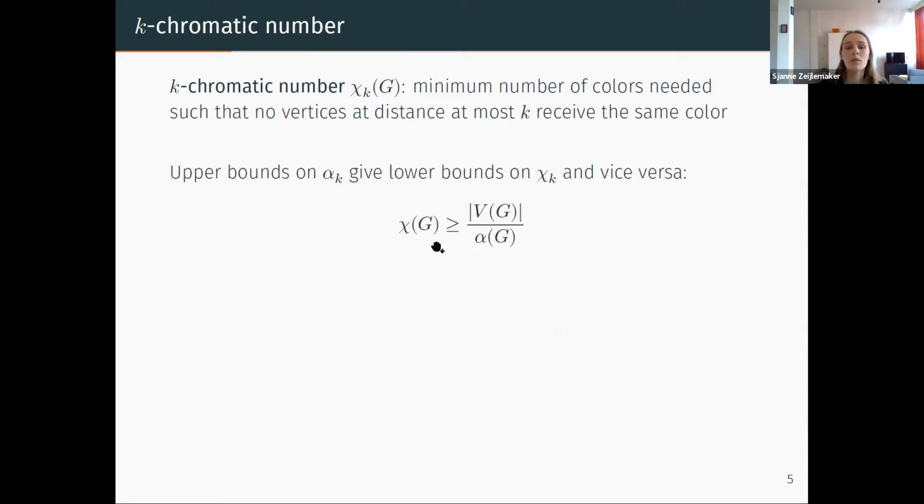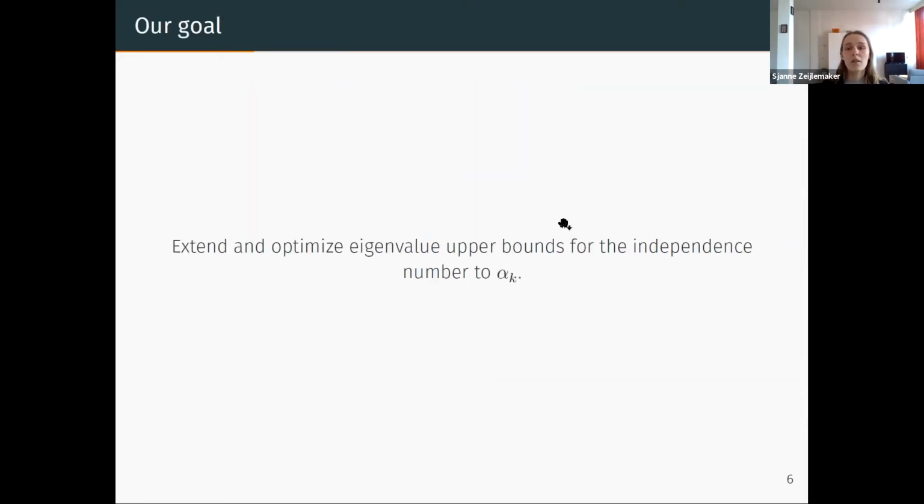If we put this kth graph power instead of G, we see that this also holds for the k-chromatic number. So our goal is to extend and optimize certain eigenvalue bounds for the normal independence number to this k-independence number. By the equation on the previous slide, that also gives us a lower bound for the k-chromatic number.